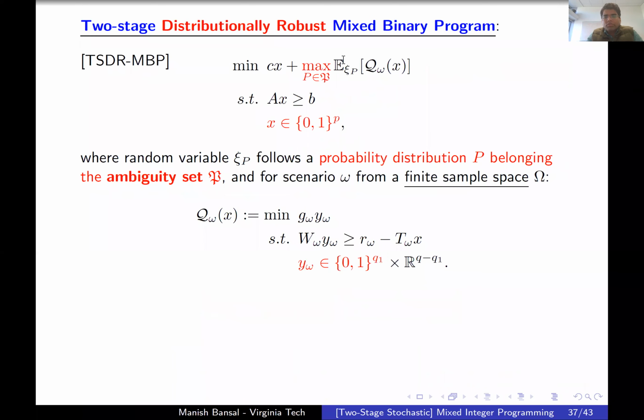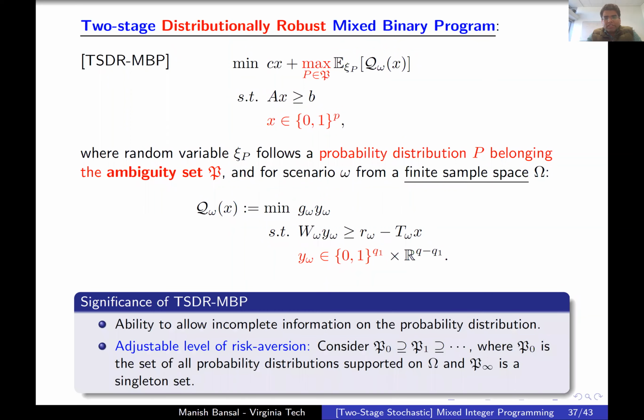But what if the distribution is not known, and this distribution belongs to some ambiguity set P, which can be defined by bounds on the moments or the variances? Or you could have a reference probability distribution and you're looking for all the distributions which are at epsilon distance from it, which leads to the Wasserstein metric.